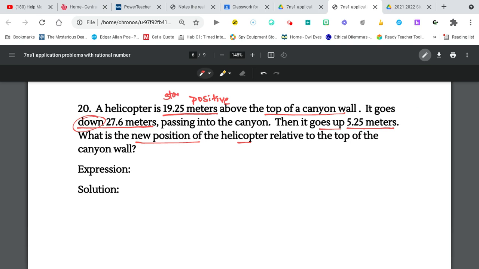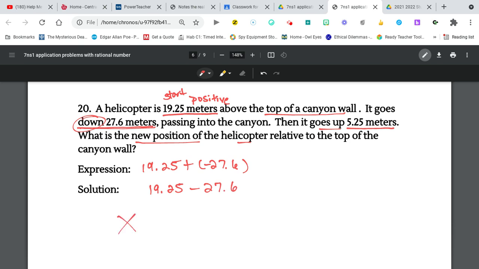So this is where it started, guys. And then it went down 27.6 meters. So I'm going to put plus negative because down indicates that it's negative. I'm going to show you what else you could have done real quick. Instead of plus negative, you just could have put minus 27.6.